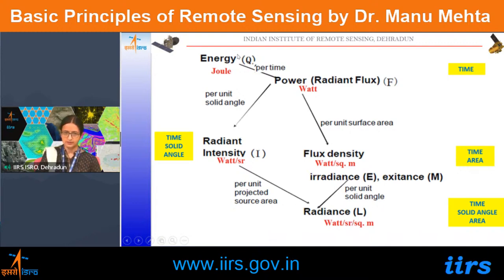So what we have done, we started with energy, we started pumping in the information on time, solid angle, and area, and we reached different quantities: energy, flux, intensity, flux density, and finally radiance, which has the information on all three: time, solid angle, as well as area. So these are the commonly used terms to measure the electromagnetic radiation.